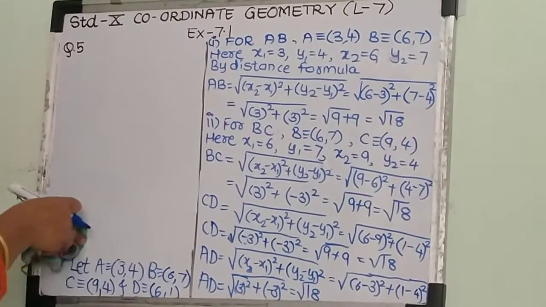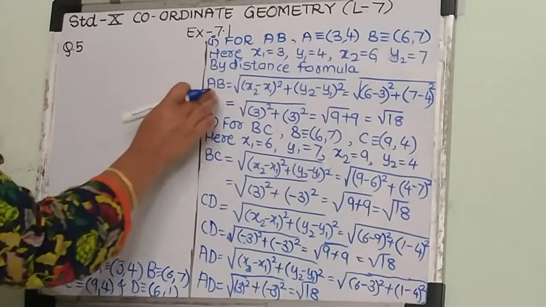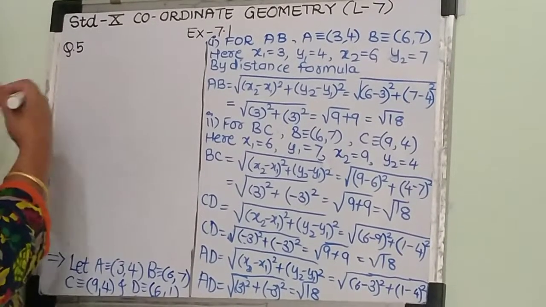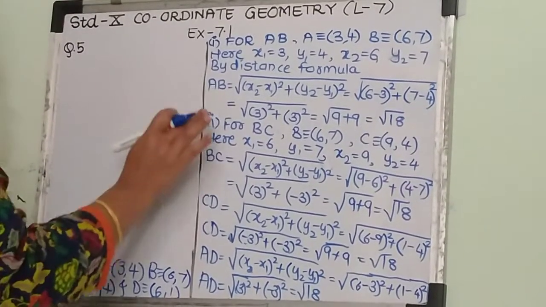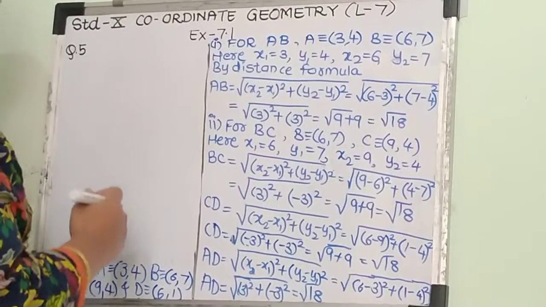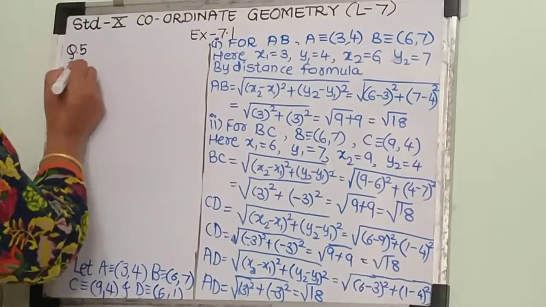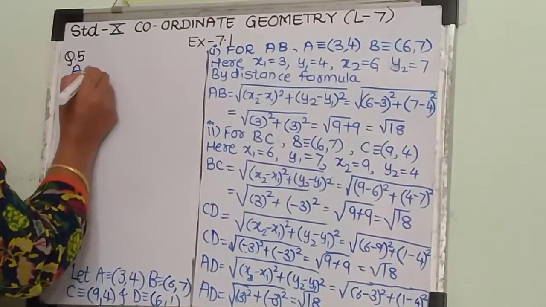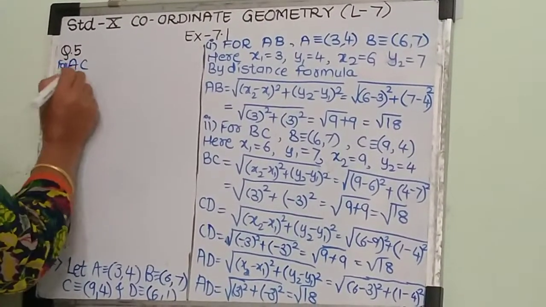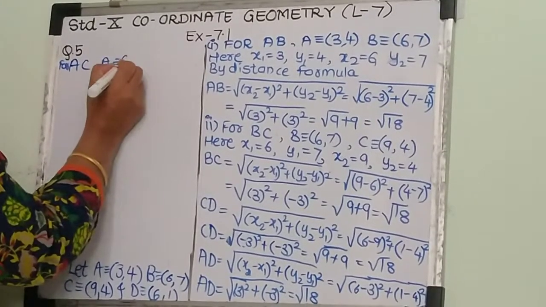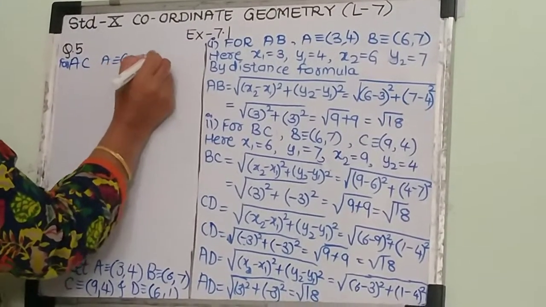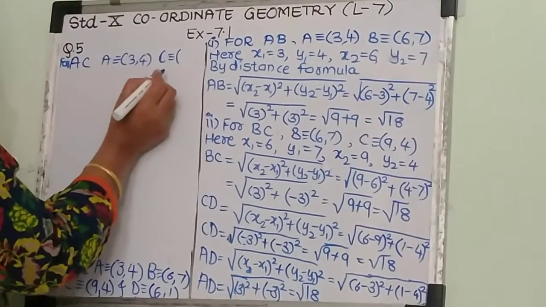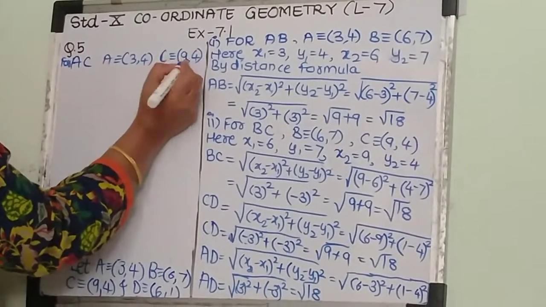See here we get that AB, BC, CD and AD are equal. It means we can say that it is a rhombus because all the four sides are equal. So we are going to check the diagonals. First I will check for AC. For AC, A's coordinates we know are 3, 4 and C's coordinates are given as 9, 4.